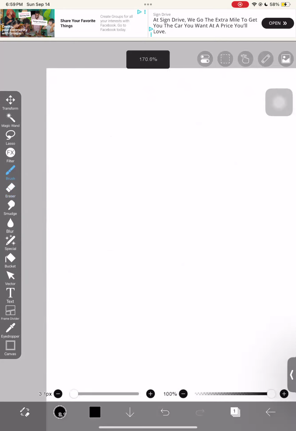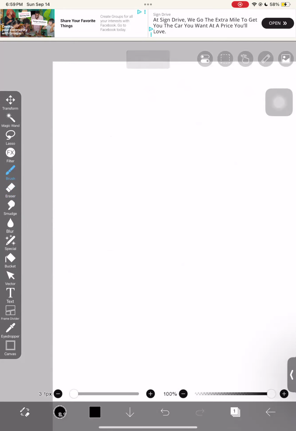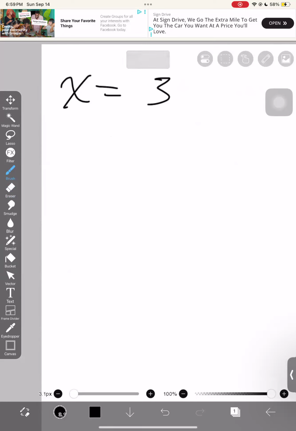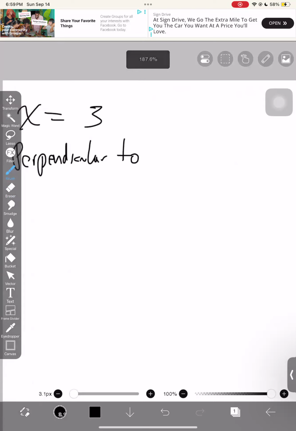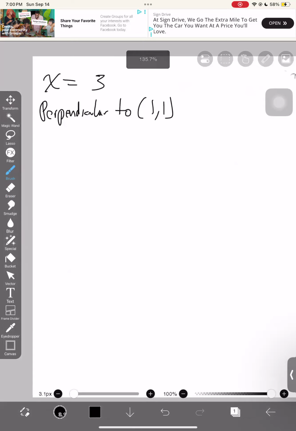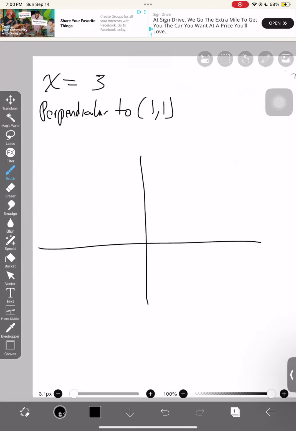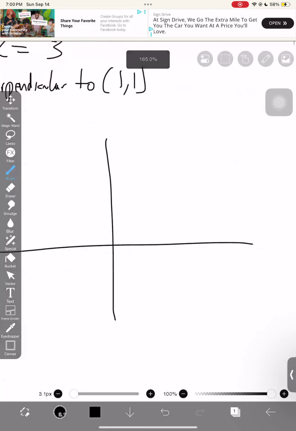One thing real quickly, we have something like this, right? And it's perpendicular. Well, what is x is equal to 3? So let's look at that graph. X is equal to 3. Well, this is my x-axis.